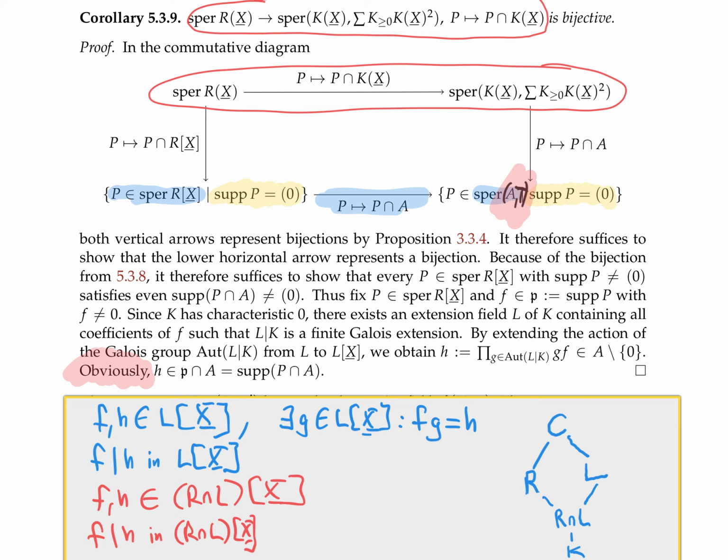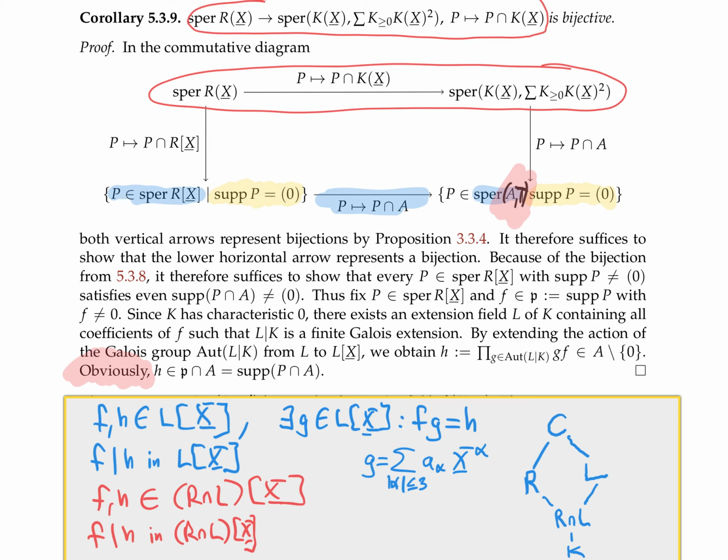So I can write G as the sum of A alpha x to the alpha. And I can read this polynomial identity as follows: if I expand on both sides and compare coefficients, I get a system of affine linear equations in the A alpha that is solvable because this G exists, right?